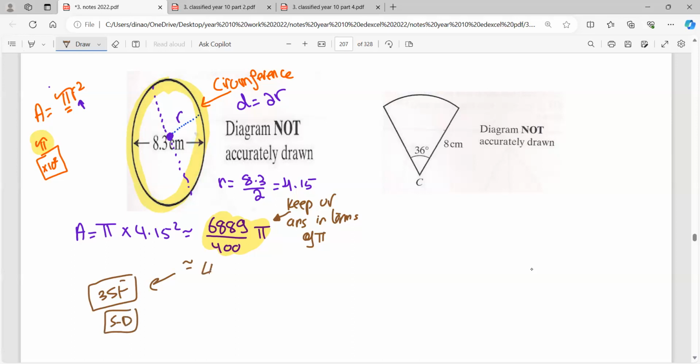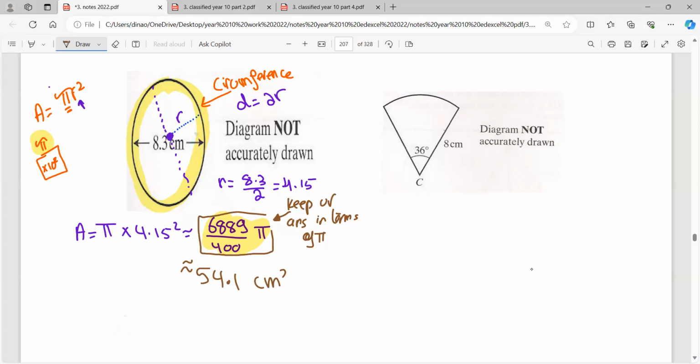And after rounding, I will get an answer of 54.1 centimeter squared. So please just remember this part over here in case you face this sentence which says keep your answer in terms of pi. Now this is for the area.